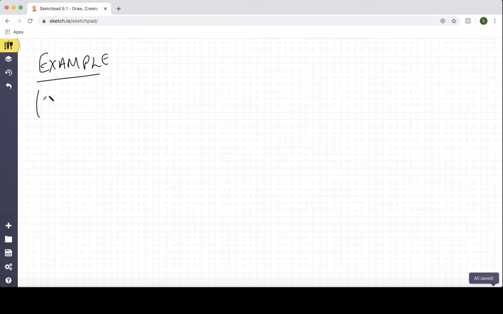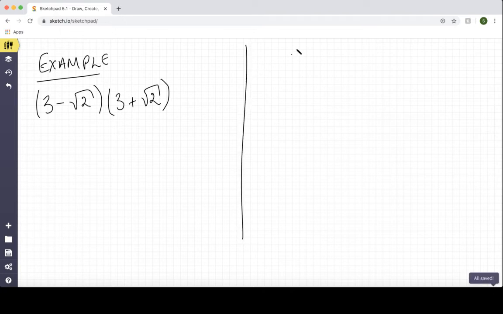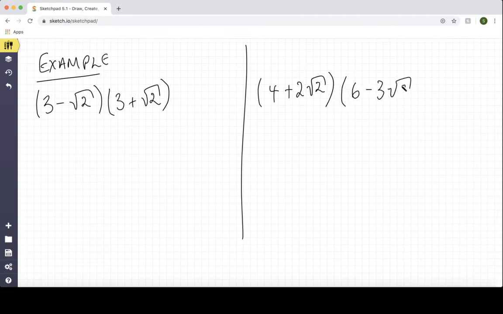So we've got 3 minus the square root of 2. We'll actually do 2 examples here. And 3 plus the square root of 2. So that's this one. And then we'll also have 4 plus 2 root 2 times 6 minus 3 root 8.